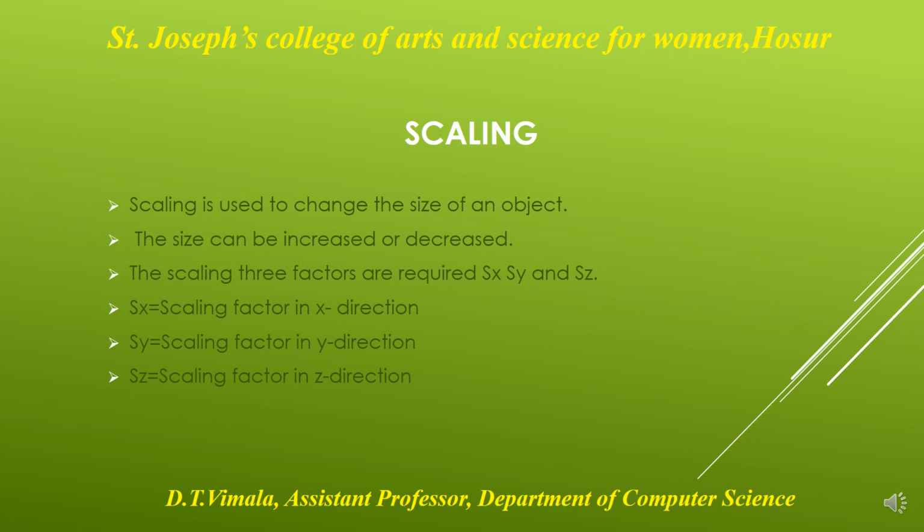Sy is the scaling factor in the Y direction. Sz is the scaling factor in the Z direction. Thus, in the 2D transformation we have Sx and Sy. In the 3D transformation we have one more axis, that is the Z axis, so we have one more scaling factor, Sz. That is, Sx, Sy and Sz are the scaling factors.